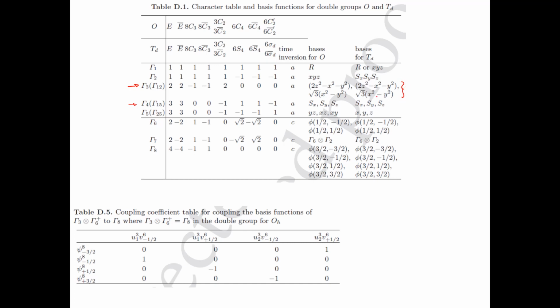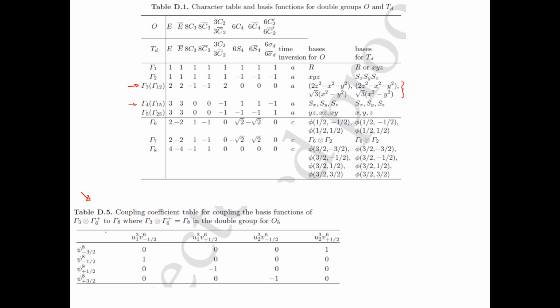Okay, and how do we find then the symmetrized combinations of plane waves and spin. We have to look at those tables. So this is a table D5, and once again you see that this is how, for instance, so I think I made a mistake here.